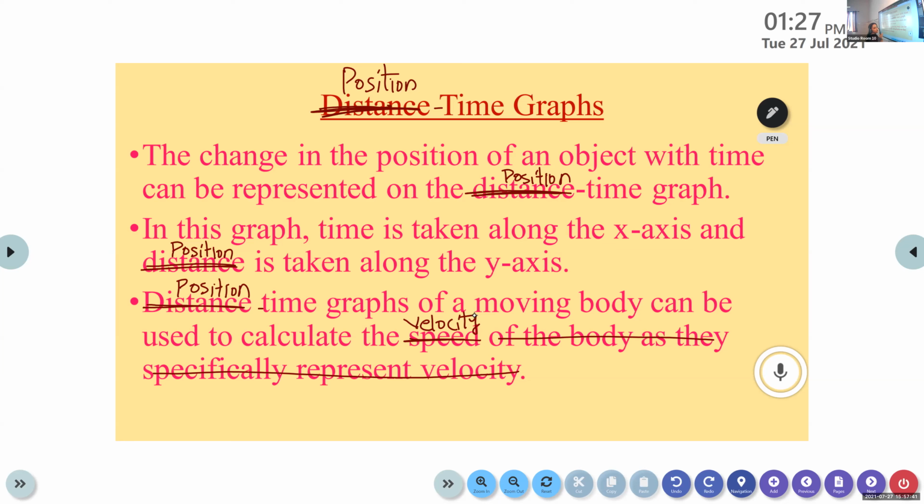Here the terms speed and velocity are used in the same sense. So position time graph means the change in the position of an object with respect to time. Here we take the time along the x-axis and the position along the y-axis. From the position time graph we can calculate the velocity of the moving body.